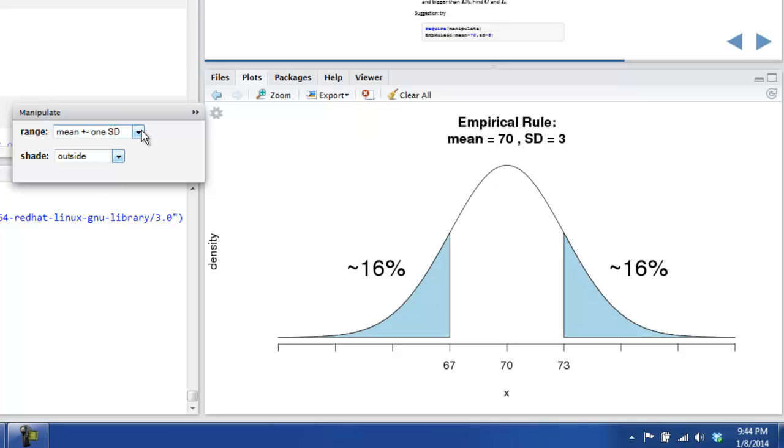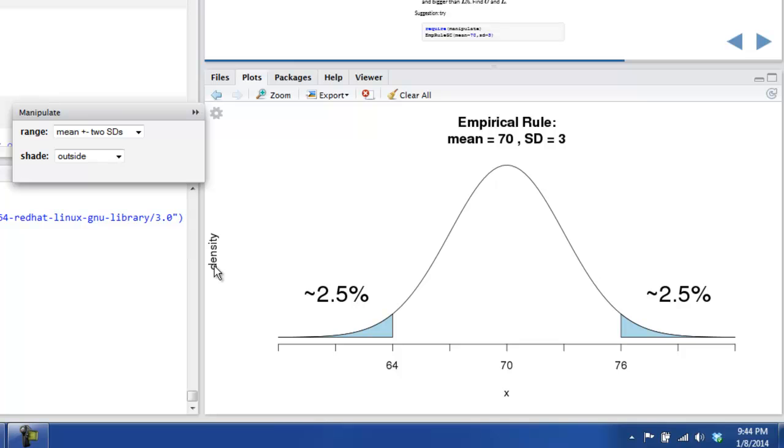If you wanted to see what happens with 2 standard deviations, then since 95% are within 2 standard deviations of the mean, about 2.5% would lie below that, and 2.5% would lie above it, because 5% is left over after you take 95% out.